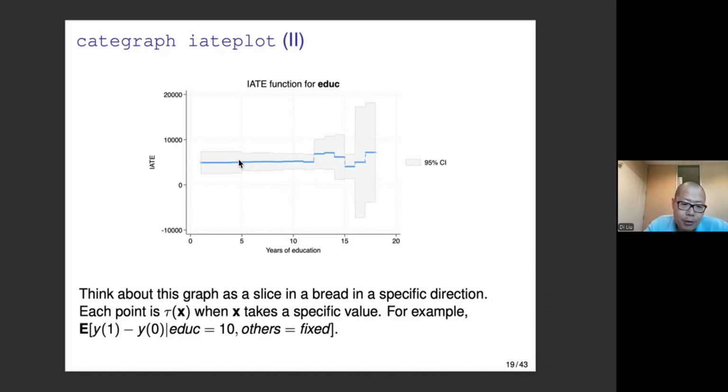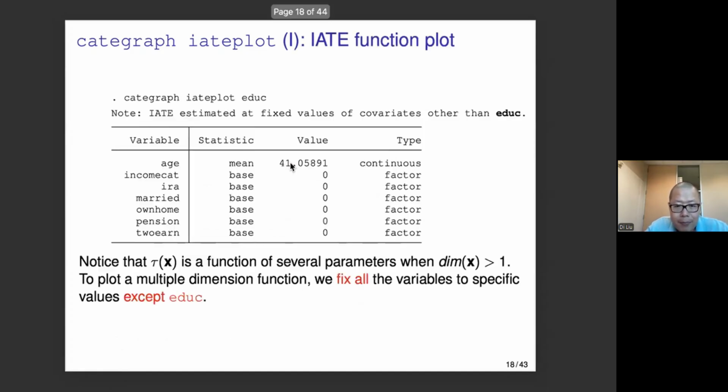So this graph tells us about this function. It is still an ITE function, but for example, at this point, when education equals 10, it tells us the conditional expectation of y1 minus y0 when education equals 10, and the other variables are fixed at these values.